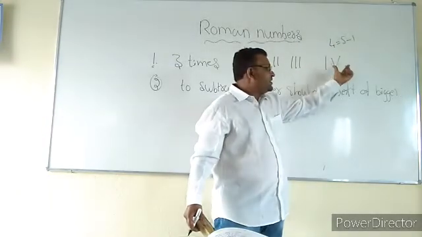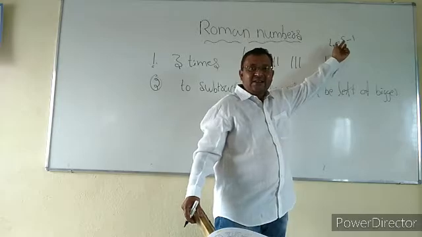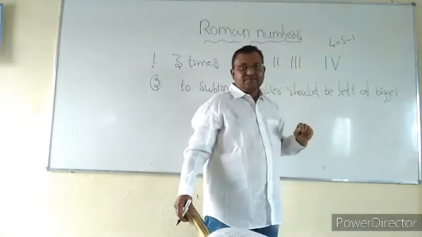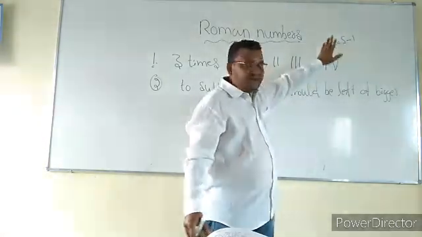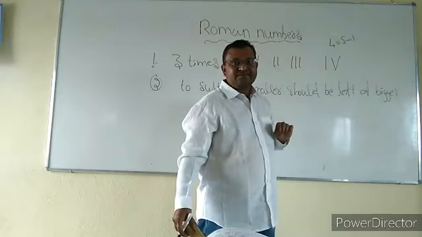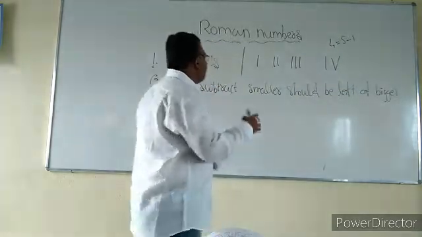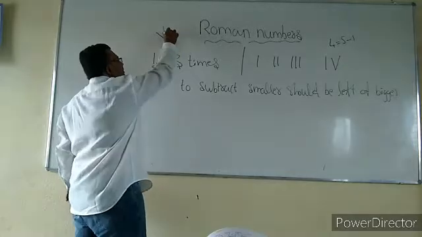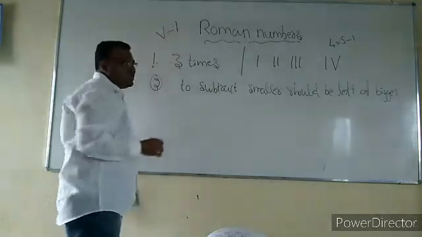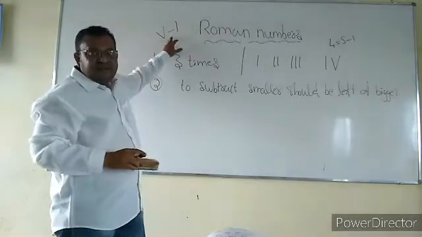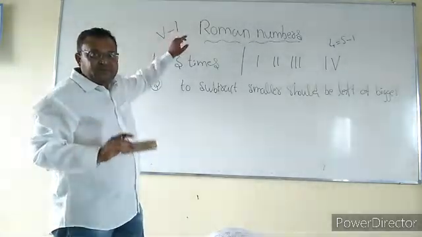By using modification, we can write 4 as 5 minus 1. That means from 5 we have to subtract 1. Here 5 means V, subtraction means I, so we can write the answer like this: 5 minus 1.